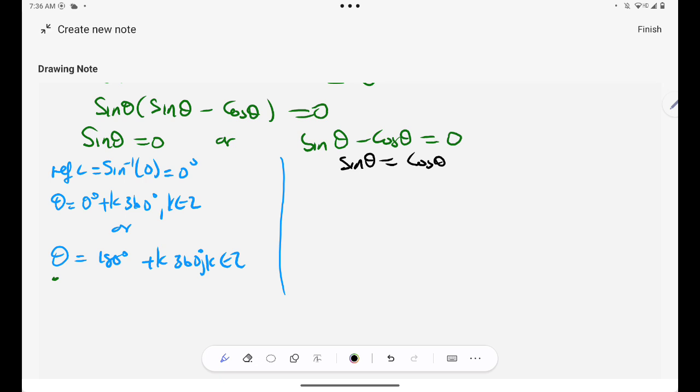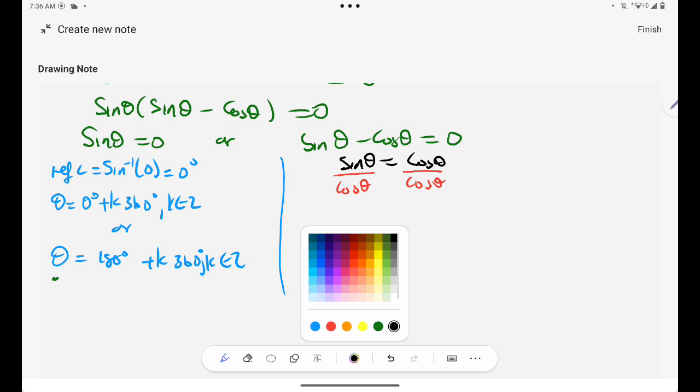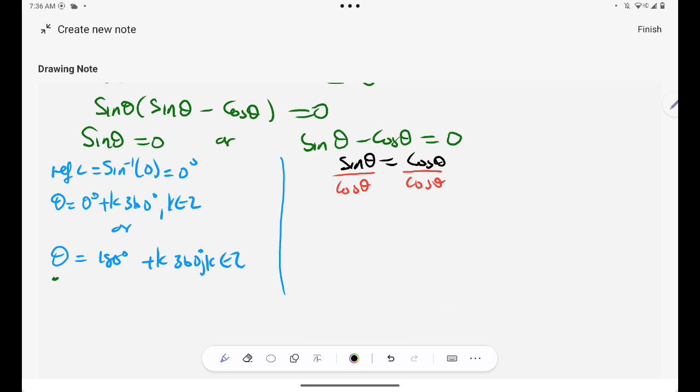So whenever I divide both sides by cos theta, let me do that in red. Cos theta over cos theta. Alright, together. We can also see that this side the cos will cancel, but I will still have cos theta in the equation. Alright, together, because on the left hand side it doesn't cancel.